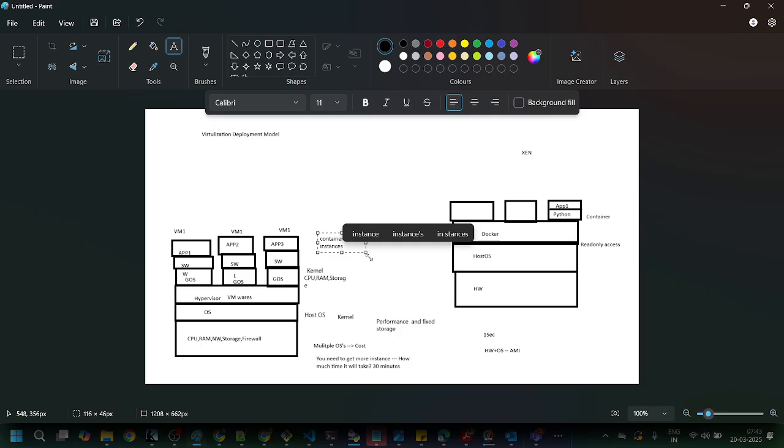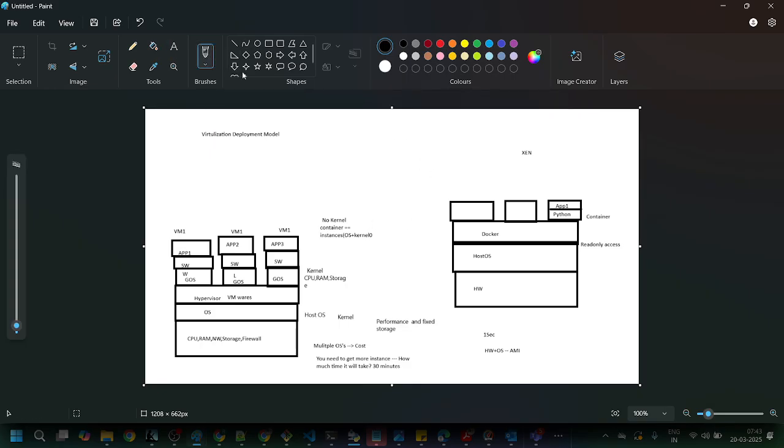Generally, an instance has an OS, which means it has some kernel. But the container will not have a kernel. No kernel. The container will use the base OS, the host OS kernel only.